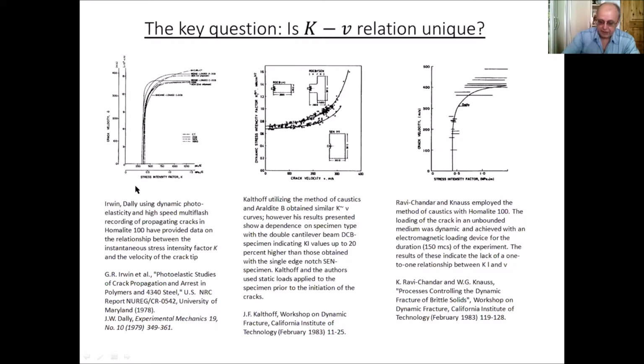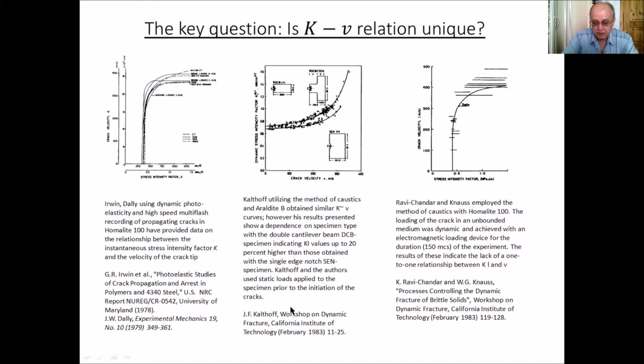But the second class of experiments, in the middle of this slide, shows that there are some other experimental observations, like those by Professor Jörg Kalthoff, which are questioning this principle.